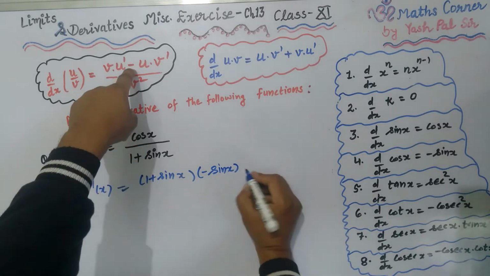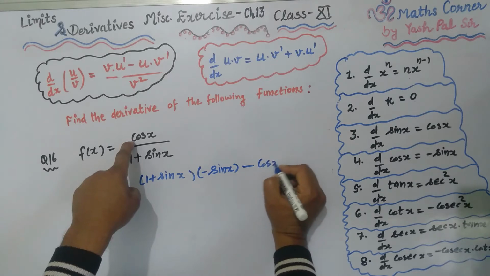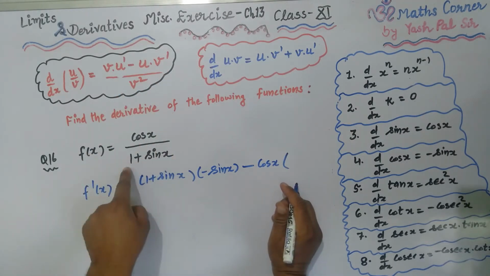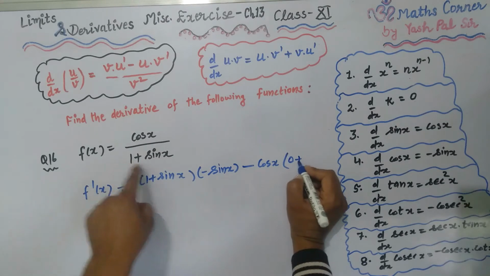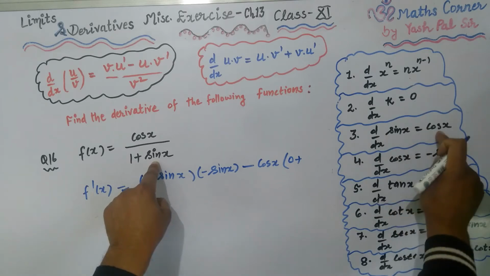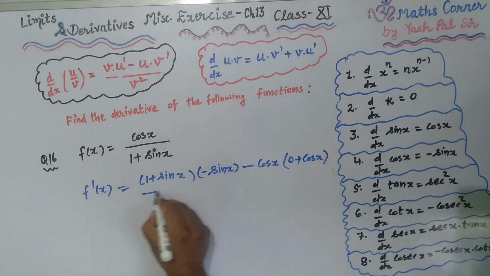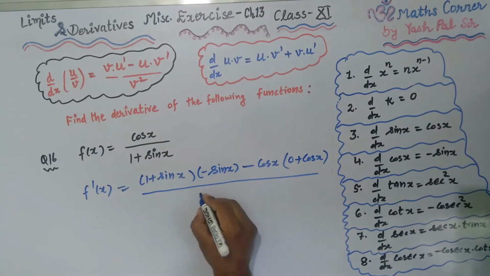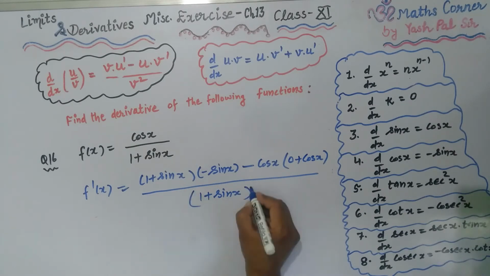Next is minus sign, u meaning cos x into v dash. v dash means derivative of 1 plus sin x. Derivative of 1 is 0, plus sin x derivative is cos x, whole divided by v square. v square means (1 plus sin x) whole square.